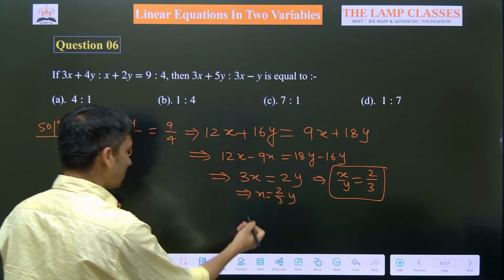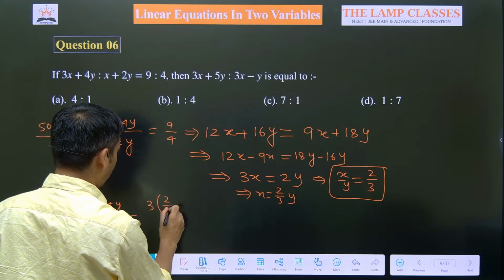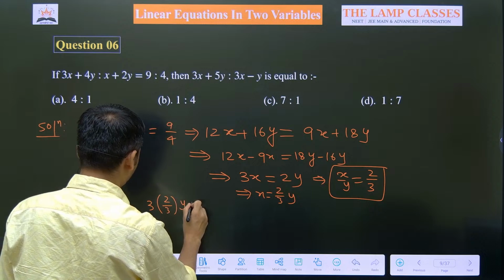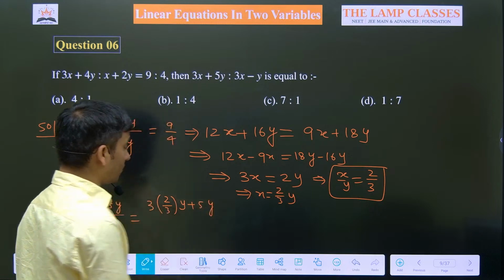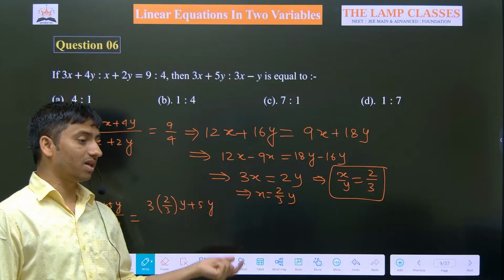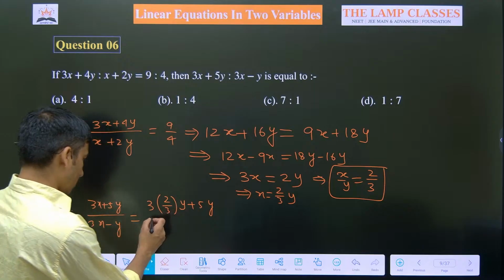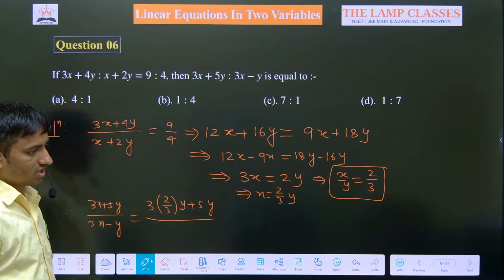So wherever x is there, we can replace by that. So it is 3 times 2 upon 3y plus 5y. Do not disturb y, because if you replace y in terms of x, then again x and y both will be there. Our target is to have one variable so that it gets cancelled and we get the constant fraction.